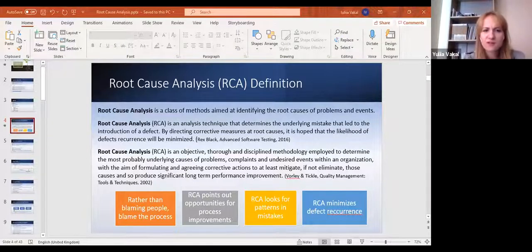You can find something new on quality management tools and techniques.